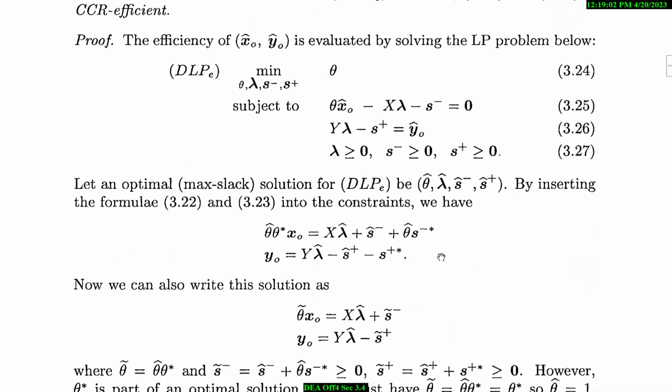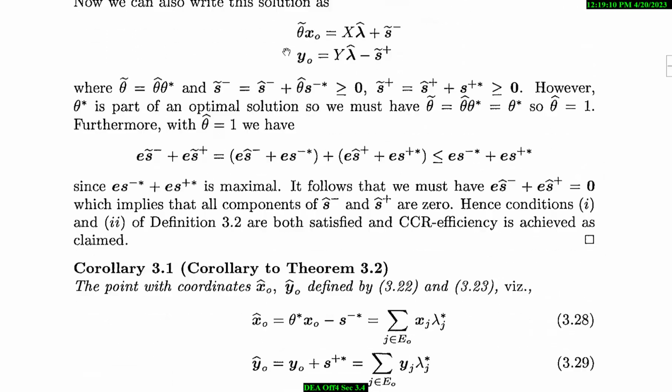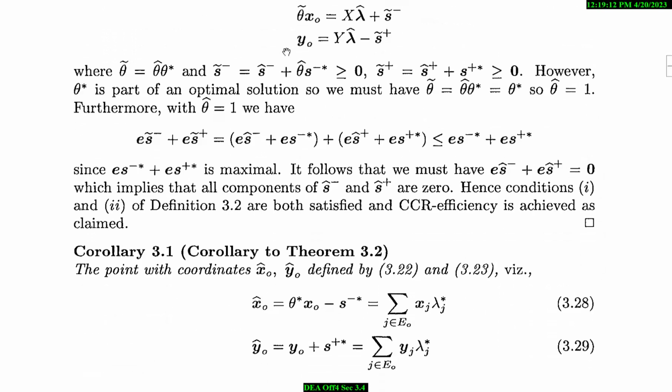This shows that x hat O and y hat O is CCR efficient by the definition.